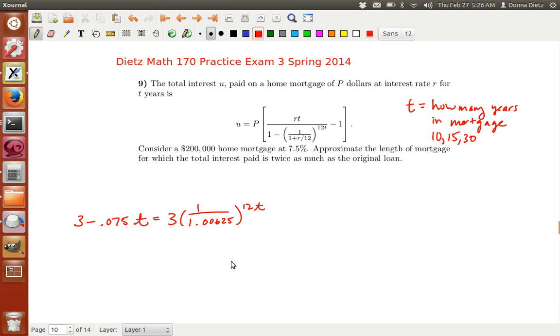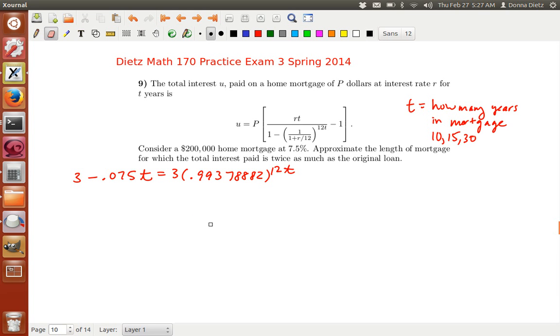And I would like to convert 1 over 1.00625 to a number that isn't a fraction. And there we go. This is where I'm going to stop and split it into two functions.